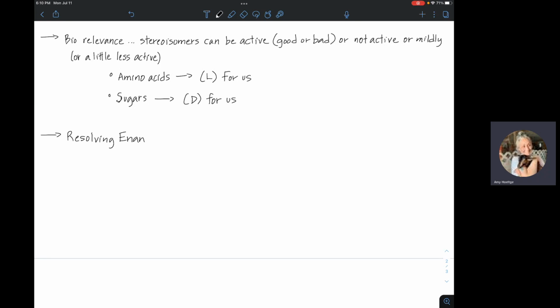Remember, these things have identical physical properties. So you're not going to be able to just simply distill a racemic mixture and expect that one enantiomer is going to come out before the other. One of them is not going to have a different boiling point. Not even a fractional distillation is going to make a difference. They have identical boiling points. So they'll just come out together cleaner than they were before you distilled them, but they're still together, right?